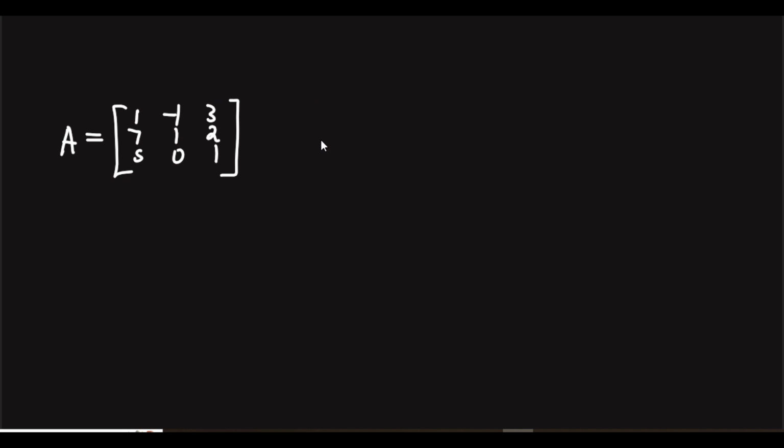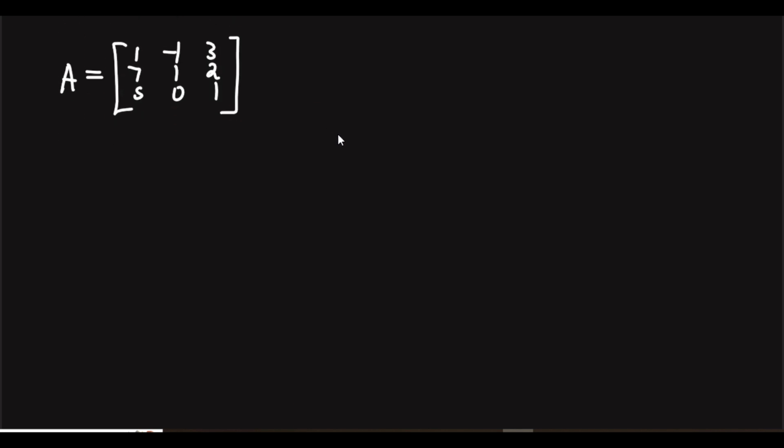We know that the determinant of A is simply this: 1 7 5, negative 1 1 0, 3 2 1. We are going to perform row operations on this matrix.